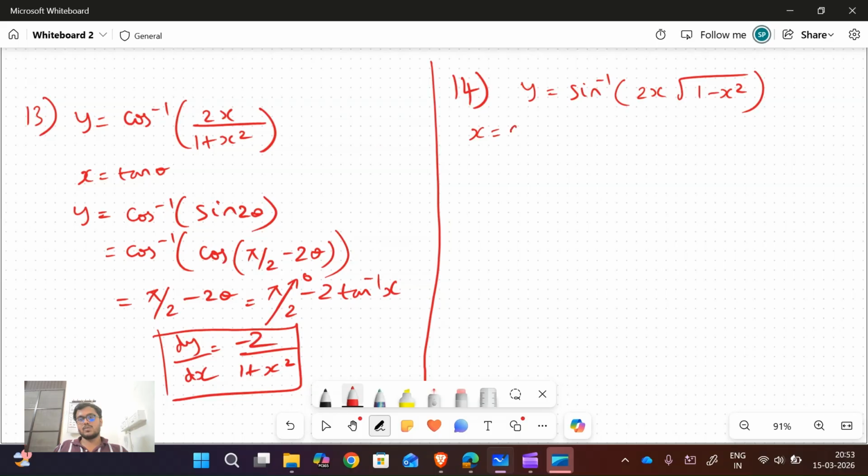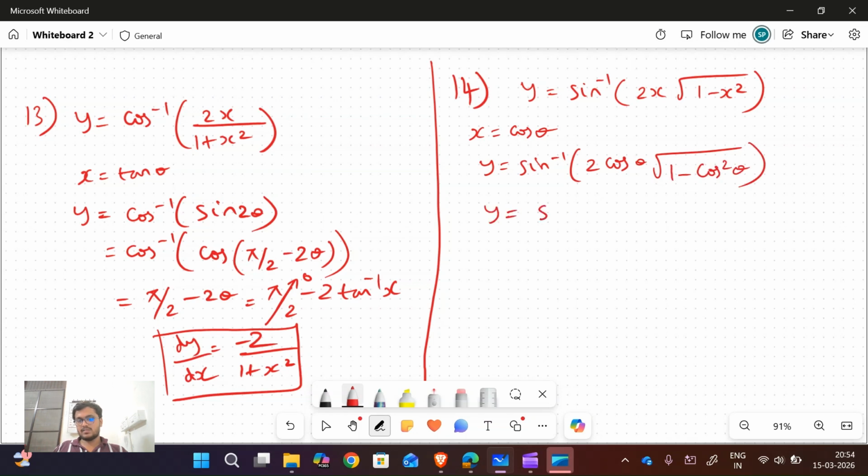When you put x equal to cos theta, what will happen? Y equal to sine inverse of 2 cos theta root of 1 minus cos square theta, right?